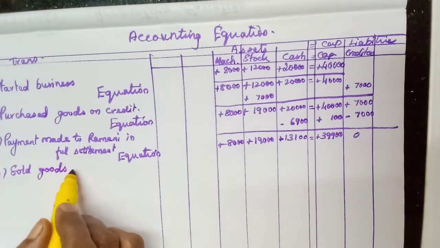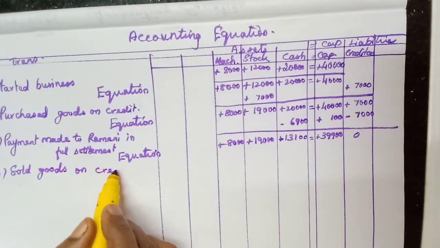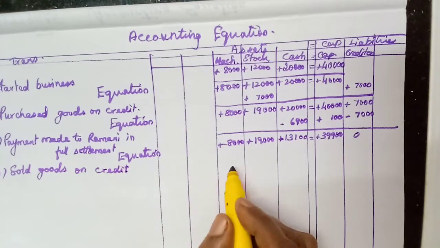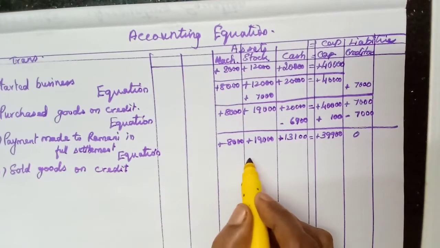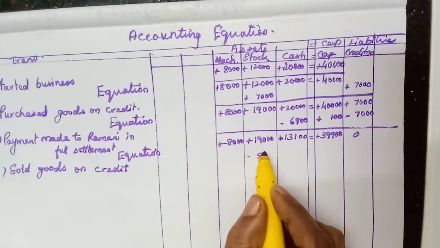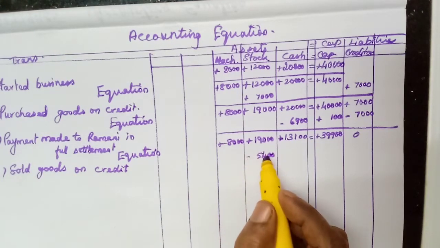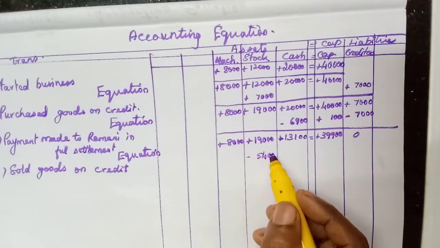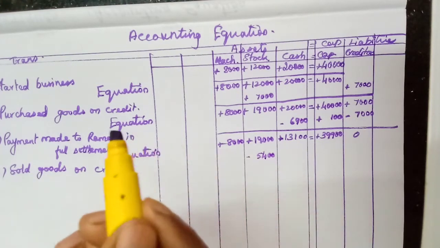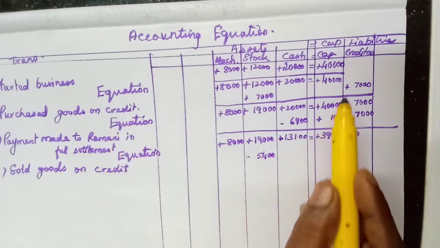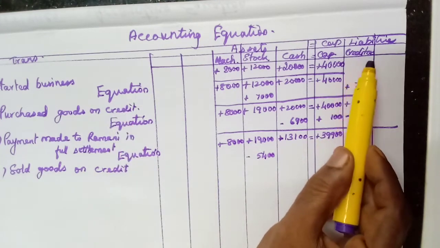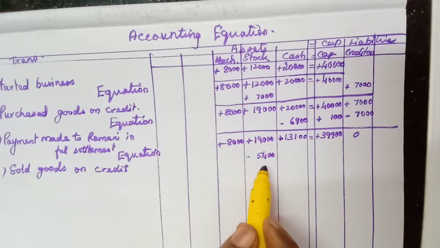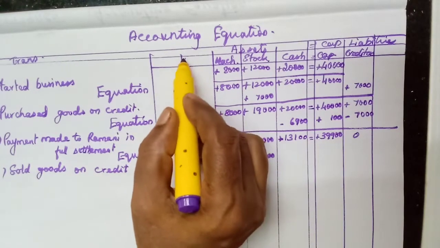on credit. Sold goods on credit. Here the cost is how much? 5,400. So goods only 5,400. We are selling that for 6,000. Here on credit. That means if we purchase from that Ramani on credit, they are called creditors. If we sell goods on credit, that is called debtors.